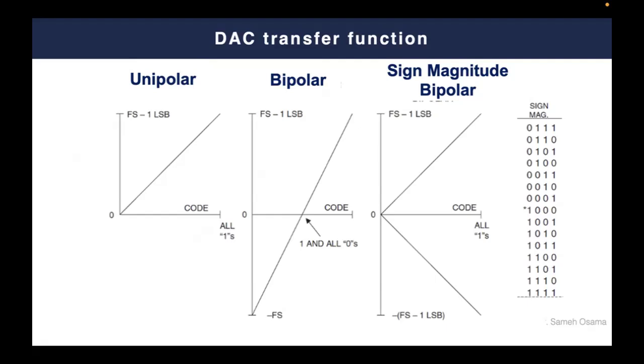The sign magnitude bipolar is a way to represent the sign in the most significant bit, as you can see here. When the most significant bit is 0, the output is positive, while when the most significant bit is 1, the output is negative. This is a simple way to use a bit to represent the sign of your output. These are the different types of transfer characteristics for DACs.